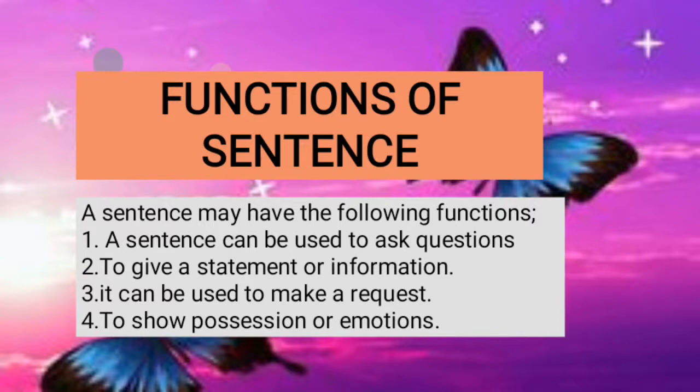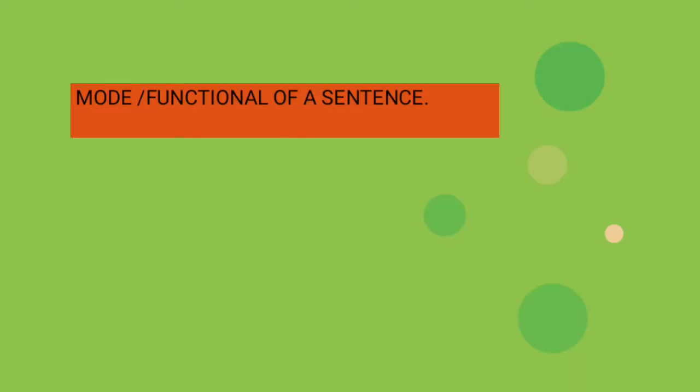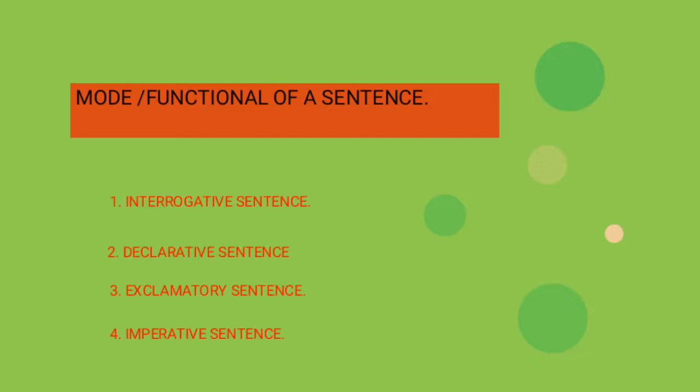A sentence can also be used to show emotions. Now we are going to take these modes or functions of sentence one after the other. So the modes are interrogative, declarative, exclamatory, and imperative. So we go into details one after the other.